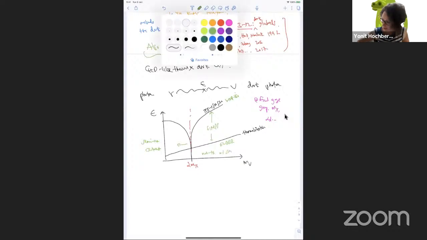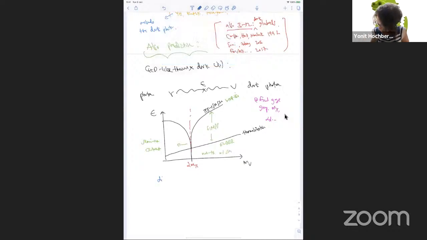So let's write that down: different regions of parameter space give us different mechanisms for dark matter.